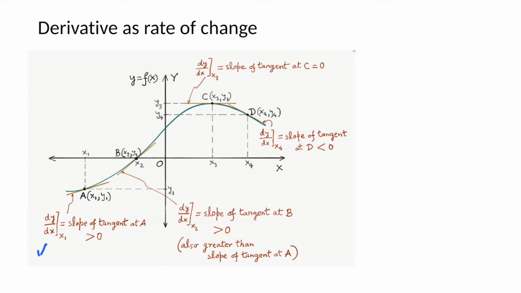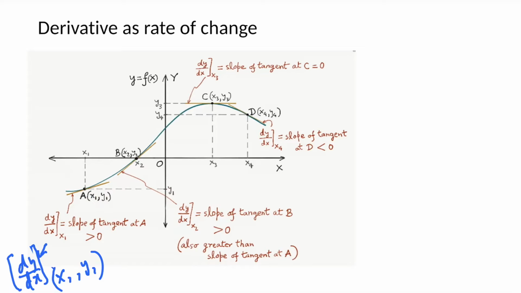So for example, one can more explicitly write this as dy by dx at the point (x1, y1), which is the same as saying that we are at the point x1, because at a particular point x1 the function takes a unique value y1.